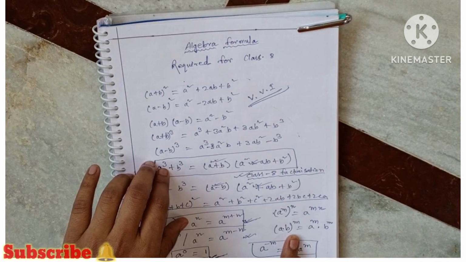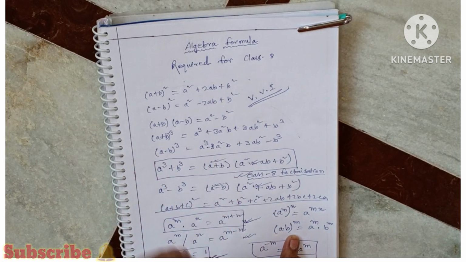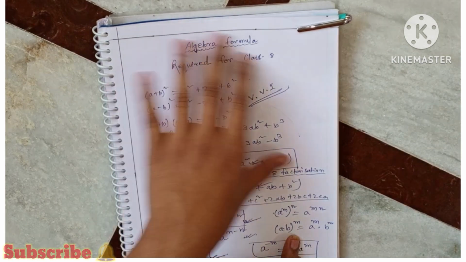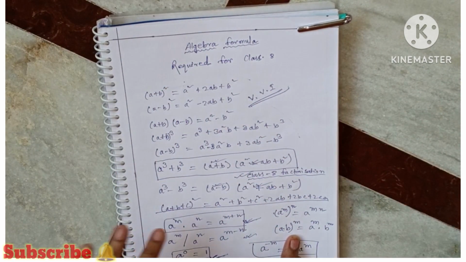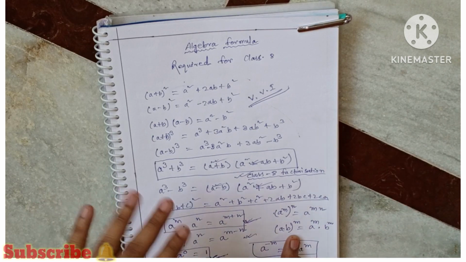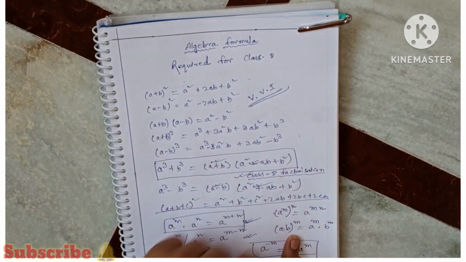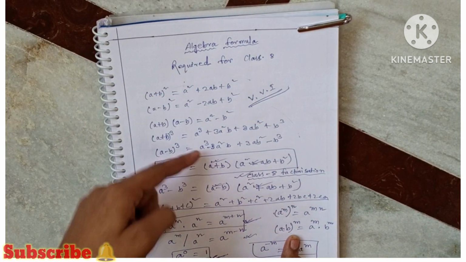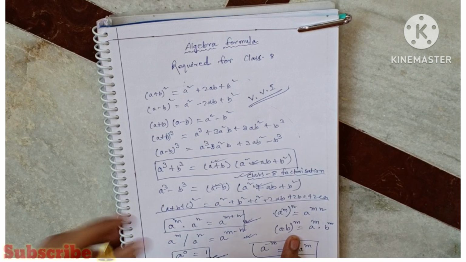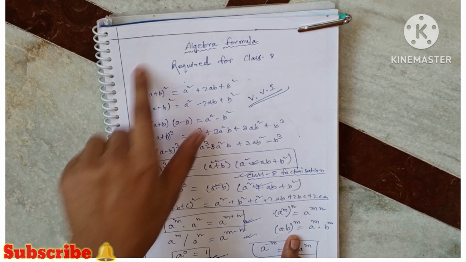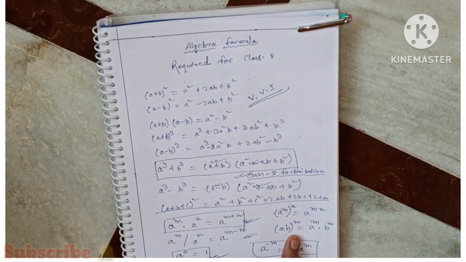This is the algebraic part, but I will also discuss some arithmetic in this formula series, which is ongoing in my channel in part 1 and part 2. You can see them in my channel videos. So this is important for class 8. In the next part, I will discuss the class 9 formulas, and then class 10, class 11 and class 12, then BSc first year, second year, third year, fourth year. I will complete the total formula series.